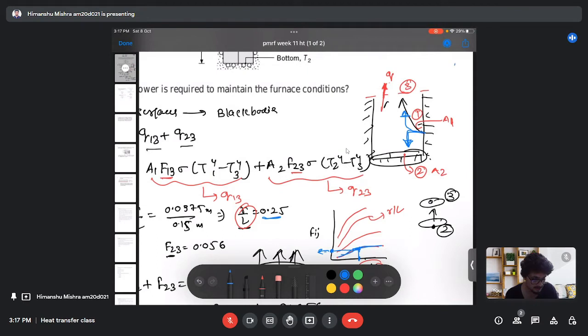This is because surface 1 is in the middle of surfaces 2 and 3. So half of the radiation will intercept at 2, and half of the radiation will travel to 3. So from the symmetry, the view factor F12 will be equal to the view factor F13.